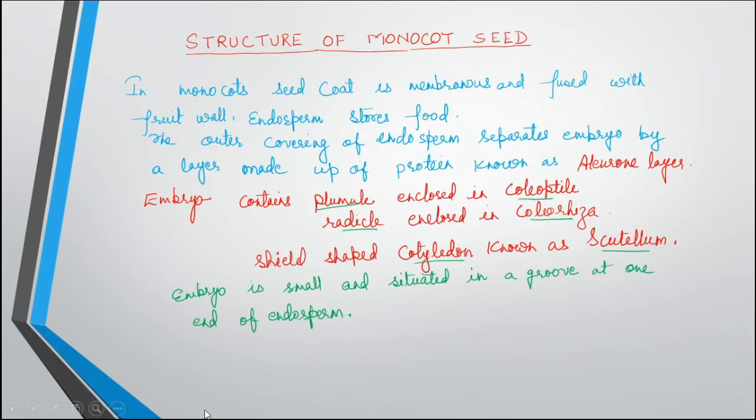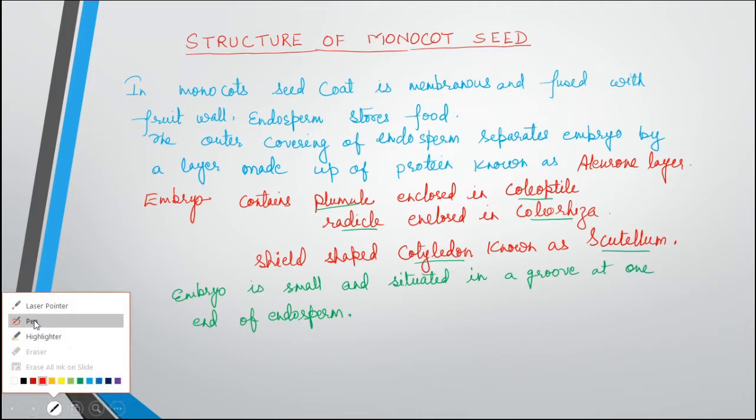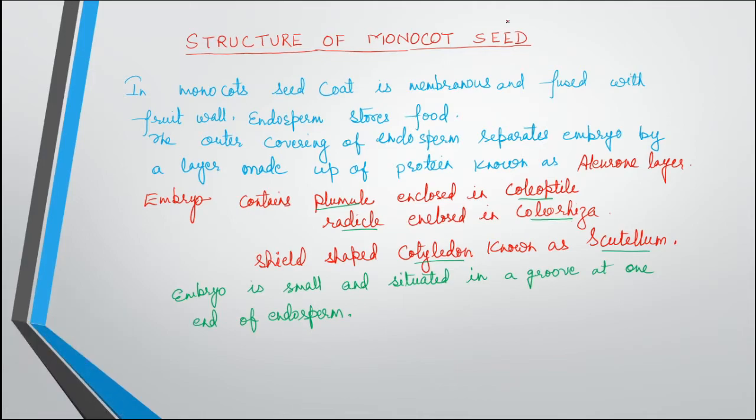Now we will study the structure of the monocot seed. Monocot seed means the seed present in monocot plants. Here the seed coat is membranous and fused with the fruit wall, and the endosperm stores food. The outer covering of the endosperm separates the embryo by a layer made up of protein known as aleurone layer.